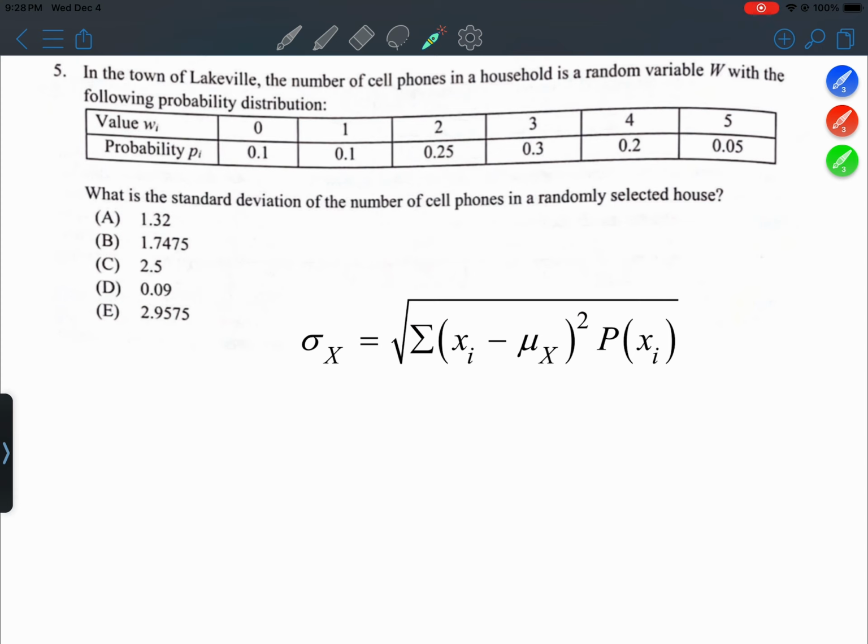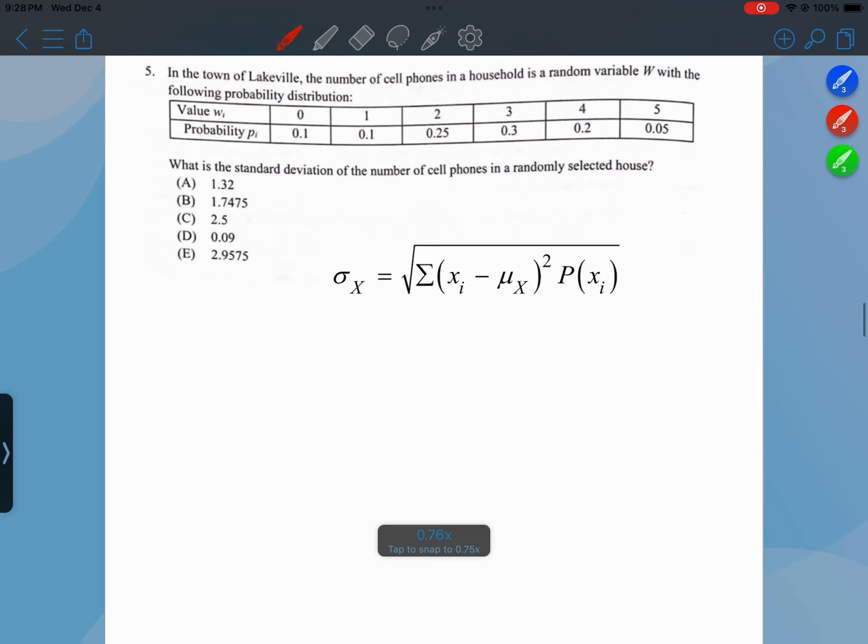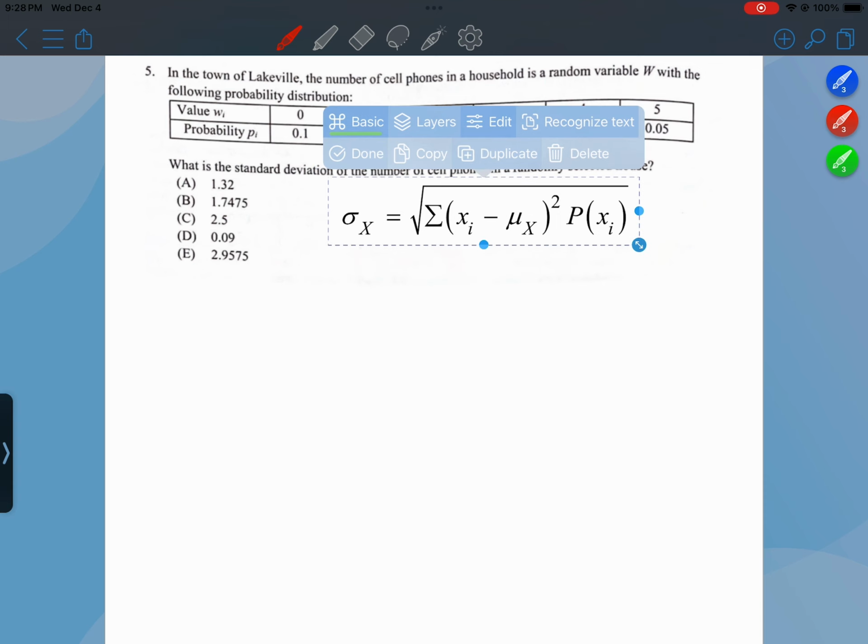Okay. All right. Let me try to organize these calculations. Okay, so we'll make a table here. Let's move this up a little bit.